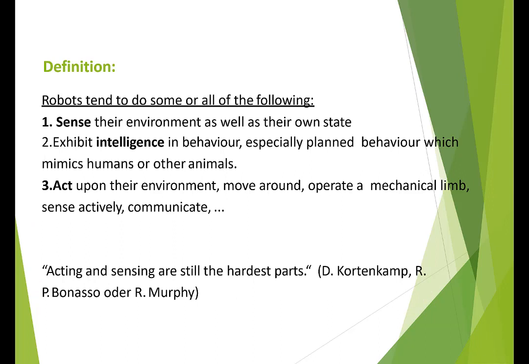A robot is usually something that has at least two of these features. It should have a sensing component, so a robot is able to sense the environment and the objects that are around it. Second, a robot has a decision-making unit. It is somehow intelligent. It can decide to do a specific task, for instance, to pick an object and put it somewhere.